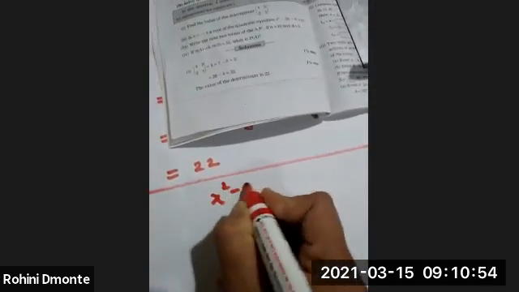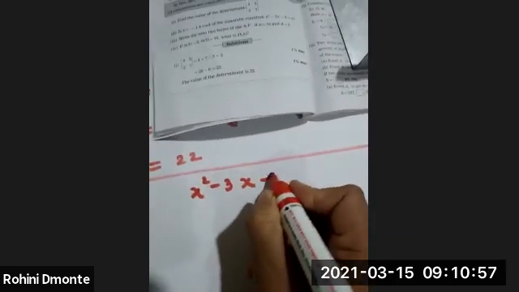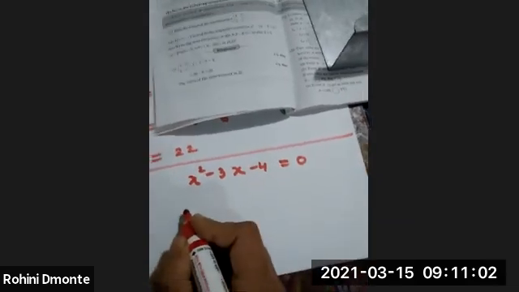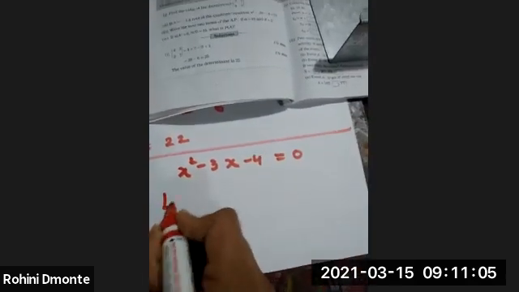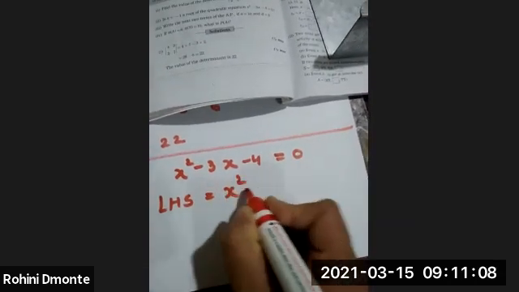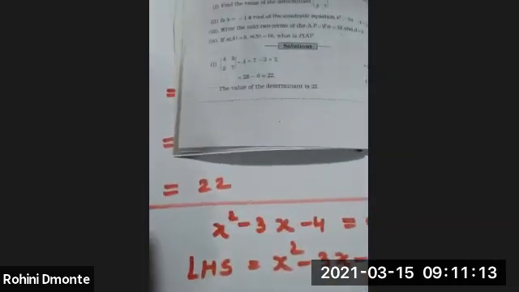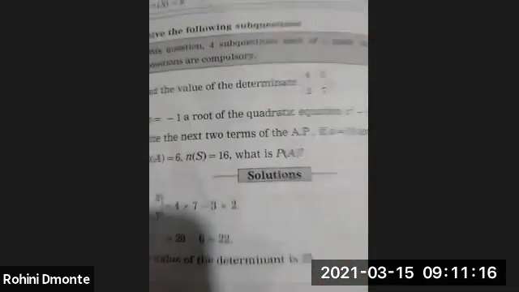Okay, let us write this quadratic equation x square minus 3x minus 4 is equal to 0. Okay, now what is the left hand side of this equation? Left hand side is equal to x square minus 3x minus 4. Now, what we have to check, whether x is equal to -1 is a root of this given quadratic equation or not. So we will put x is equal to -1 in this left hand side and we will check whether left hand side is going to be equal to the right hand side or not.